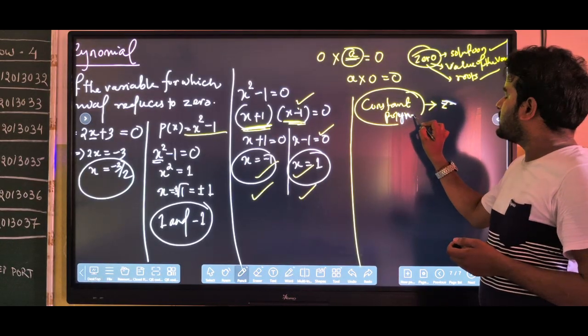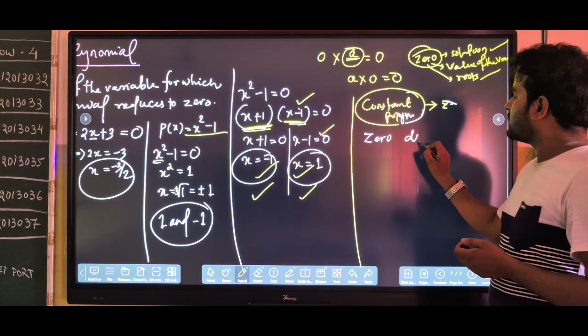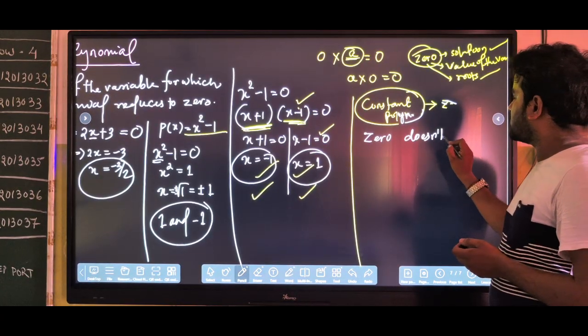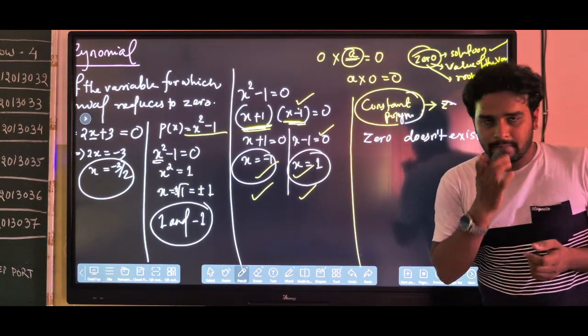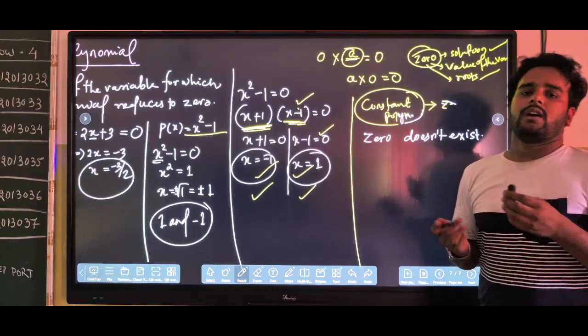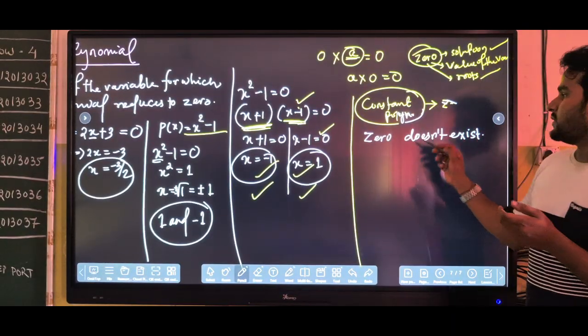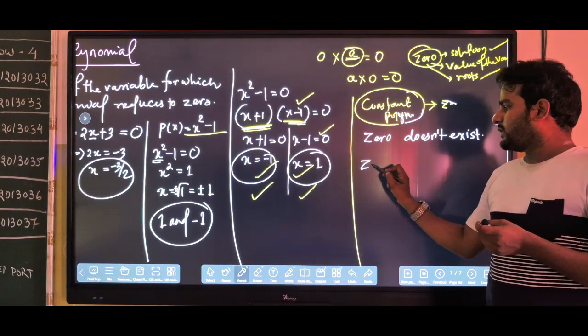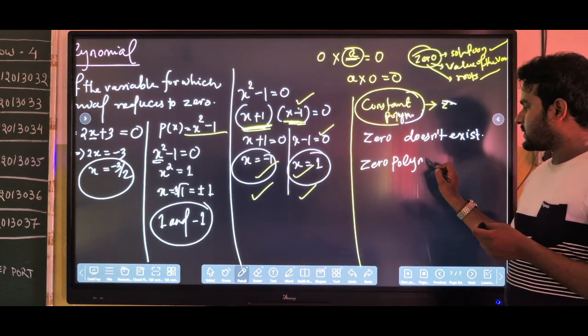So for a constant polynomial, the zero doesn't exist. Polynomial is already a constant. It has a particular value. How can I find the zeros or solution of that polynomial? Okay, so doesn't exist.